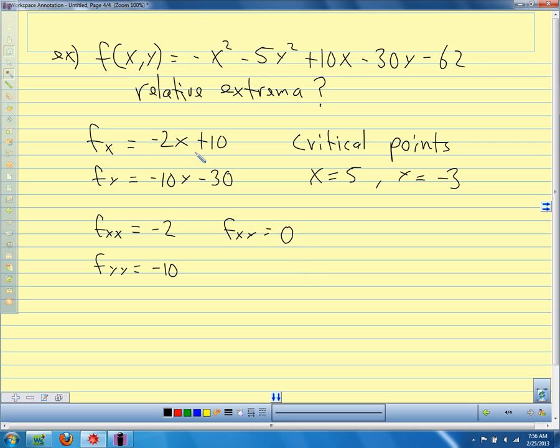Partial of f with respect to y is just going to be 0. So our discriminant D equals negative 2 times negative 10 minus 0 squared, and that is 20. Thank you.